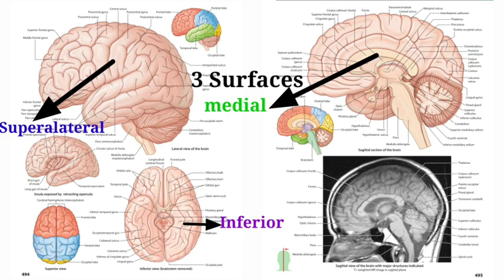It faces upwards and laterally and conforms to the corresponding half of the cranial vault. The medial surface is flat and vertical. It presents a thick C-shaped cut surface known as the corpus callosum.